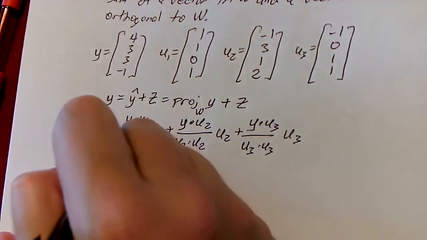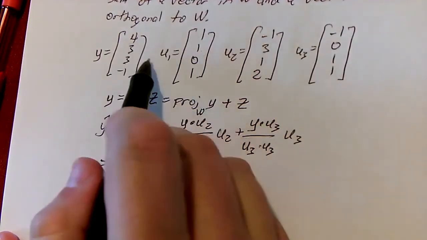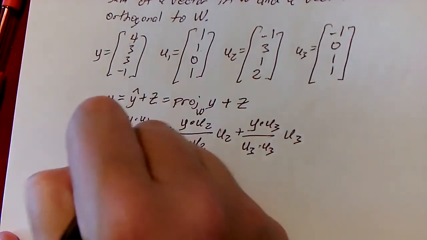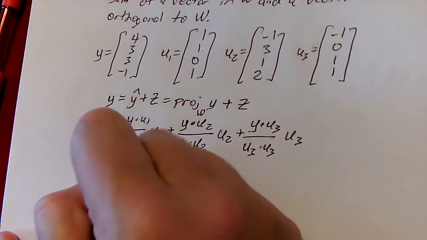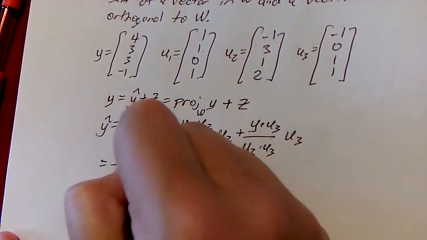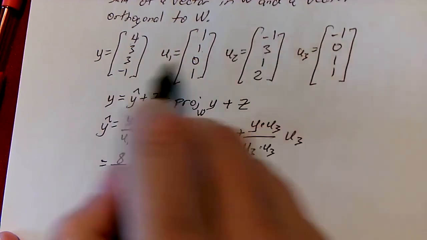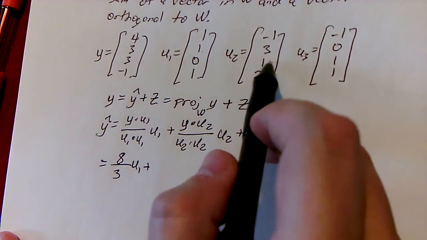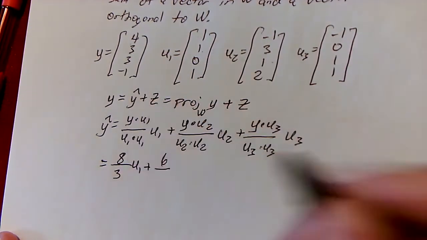Okay. So y dot u1, that's 4, and 3 makes 7. 0 and 1, so I'm up to 8. U1 dot U1 is 1, 1, 0, and 1, so 8 thirds times U1. Y dot U2, that's negative 4, 9 makes 5, 3 makes 8, minus 2 makes 6.